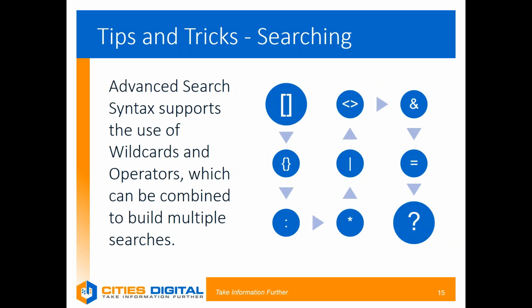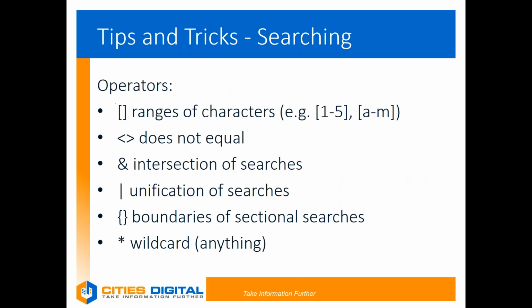As you saw in our little example before, advanced search supports the use of what we call wildcards and operators, and those are just different characters that you use to separate your language and tell the system to do different things with those keywords. Here are some of the operators.